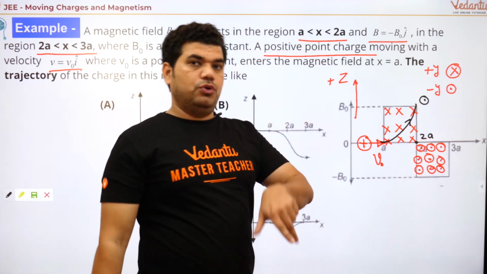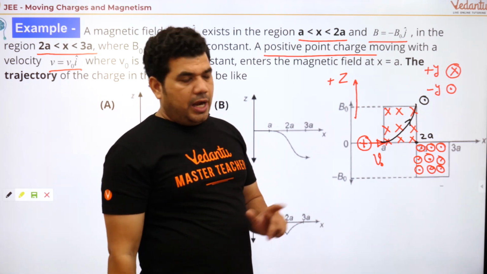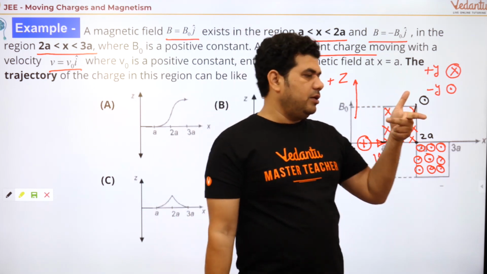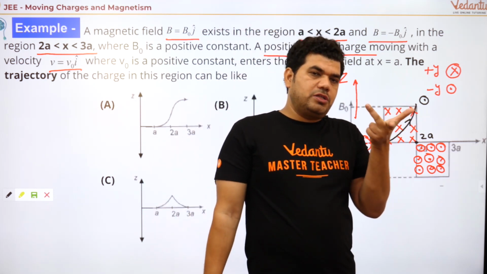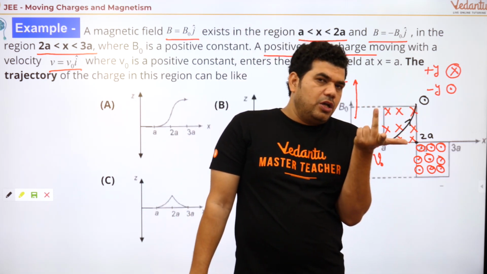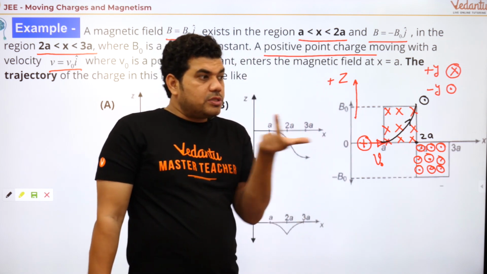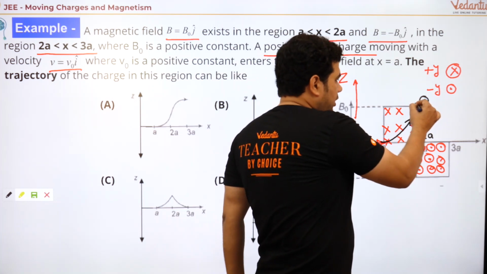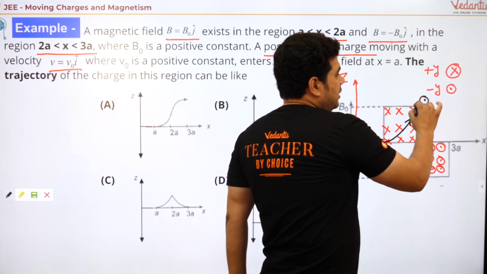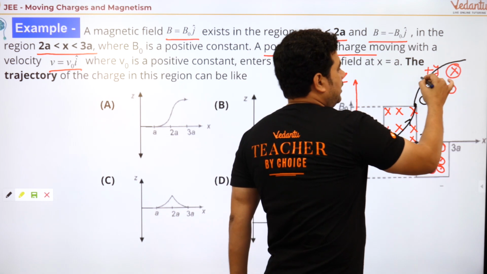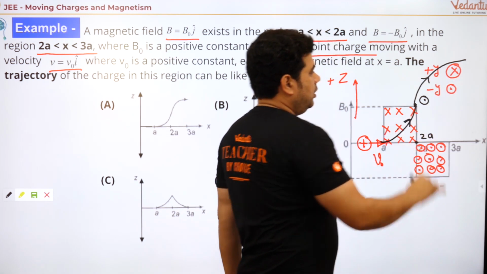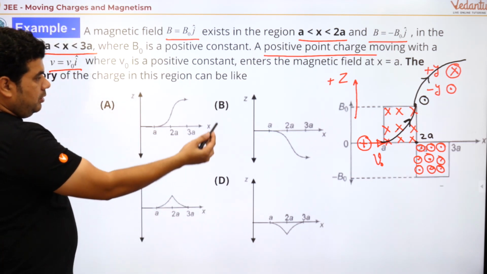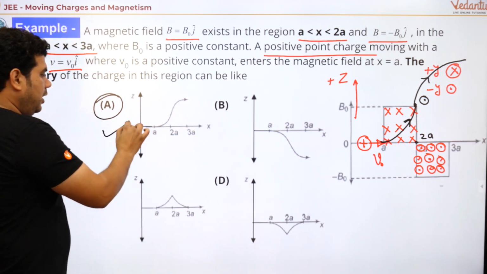So now the direction of force changes, and if it has a velocity here and magnetic field like this, velocity is like this, so what is the direction of force? Here, right? And from here, if the force is like this, then it will move like this. So, how is the path? The path is, yes, option A.